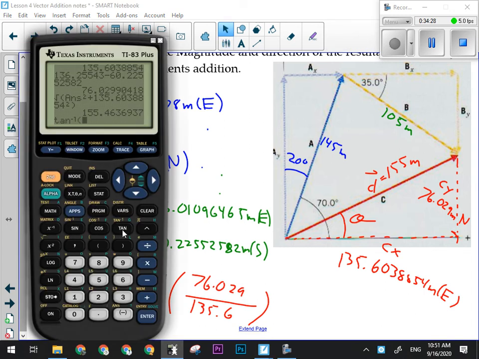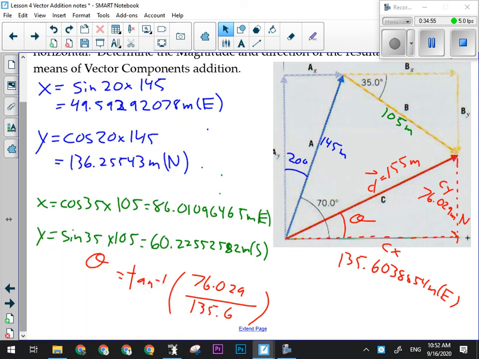So tan to the minus 1 of 76.0299 divided by 135.603885. All right, so I'm getting 29.3 degrees for that angle.